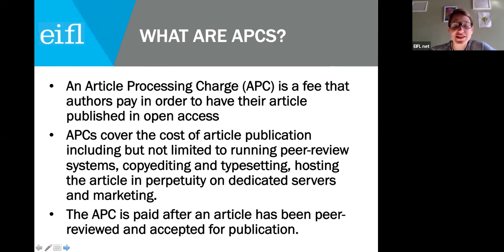What's important is that the article processing charge is paid after an article has been peer reviewed and accepted for publication. Usually at publishers the two systems are completely separate. The people that deal with the payment of the article processing charge and process any discounts or waivers have nothing to do with making a decision about whether the article is good enough to be published.